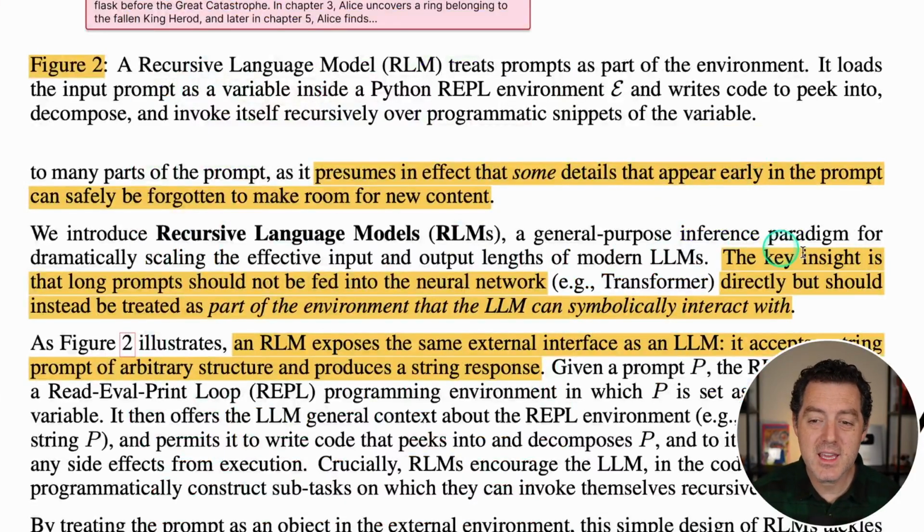And so the key insight is that long prompts should not be fed into the neural network. And I'm seeing more and more of this, where the neural network, the actual weights of the model, the core intelligence of the model, is being treated almost independently. And more scaffolding is being built around that core intelligence, allowing it to have better memory, more effective memory, allowing it to use tools.